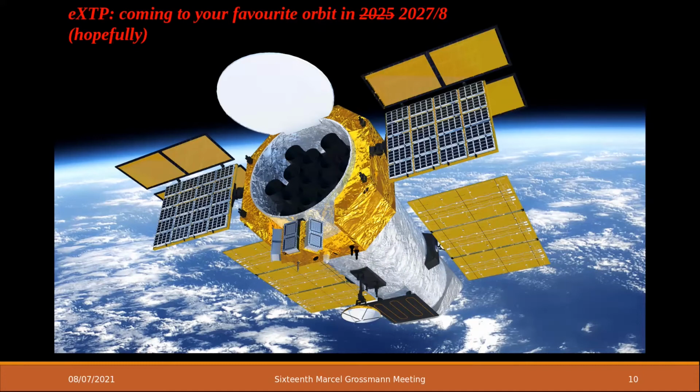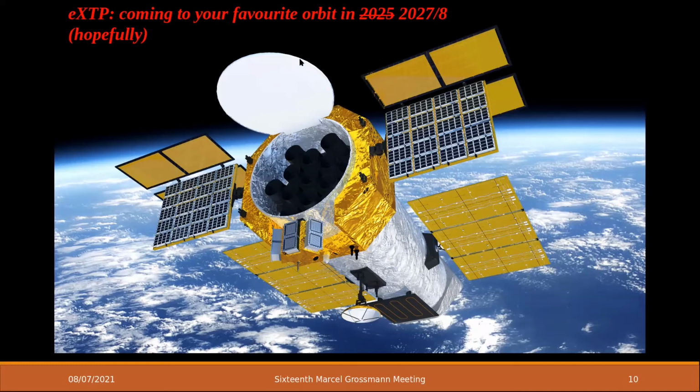It's not sure whether it's going to launch soon enough, but still it's going to be launched within the decade. And so we decided to simulate how we would see the same system. So we used the same parameters that we found in our fit, but simulated those observations with the eXTP response matrices.